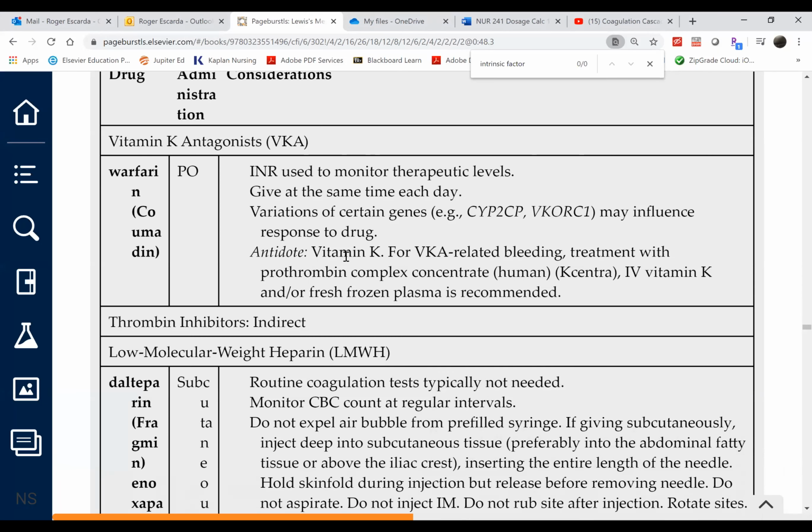To help with clotting. Very good. You need vitamin K in order to make specifically 4 clotting factors. Not all of them, but it affects 4.